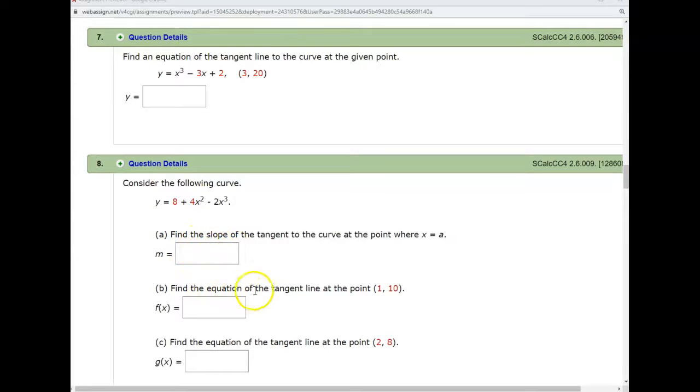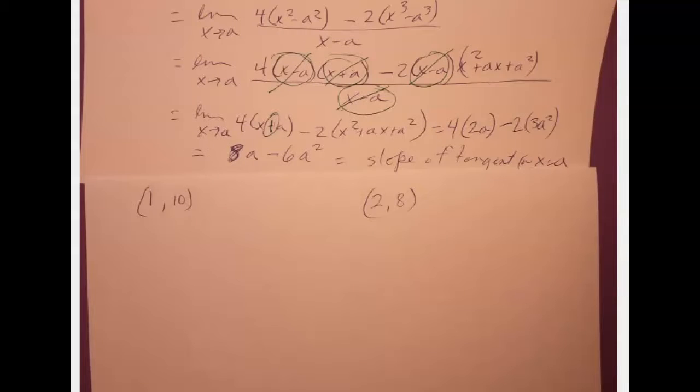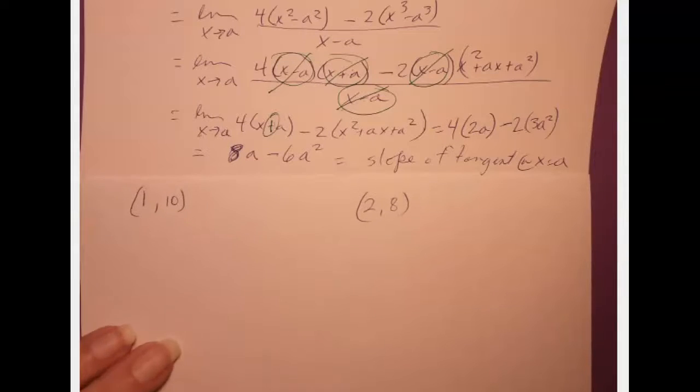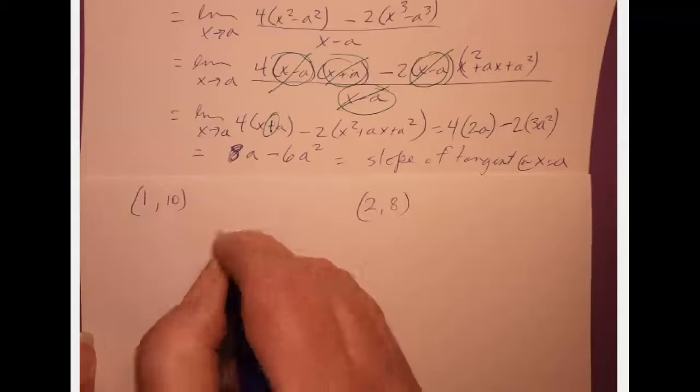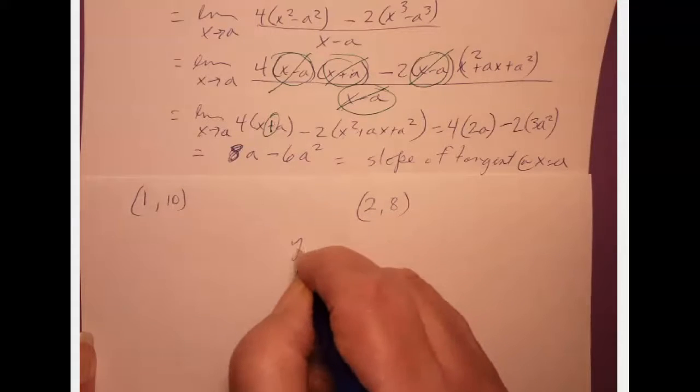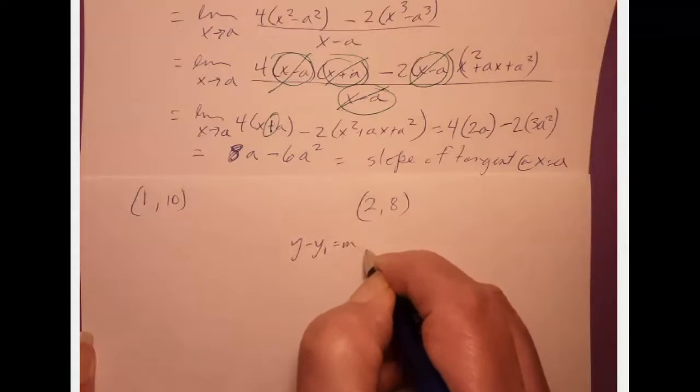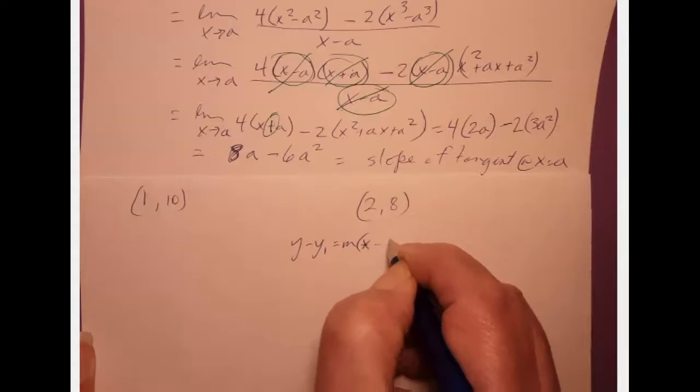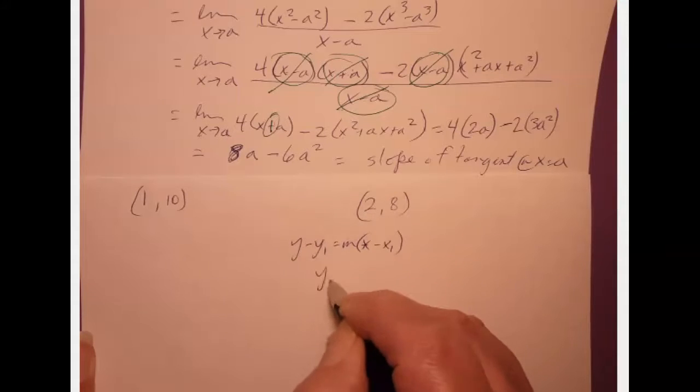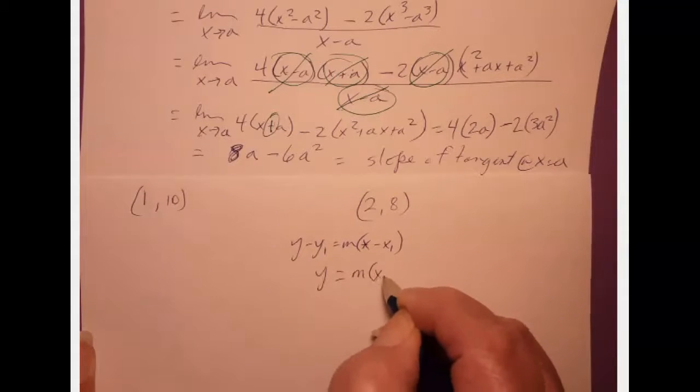Now they want me to find the equation of the tangent line at two separate points here. They're calling it f of x, which is just another y, and g of x, which is just another y. They didn't say to simplify, so I tend to use y minus y1 is equal to m times x minus x1, and I'll move y1 to the other side.